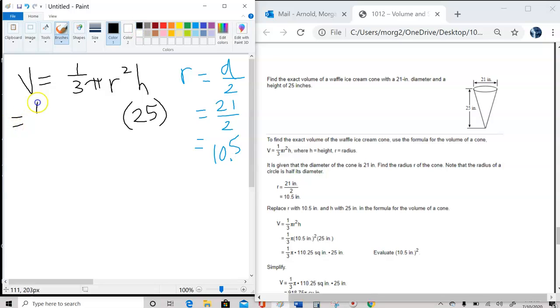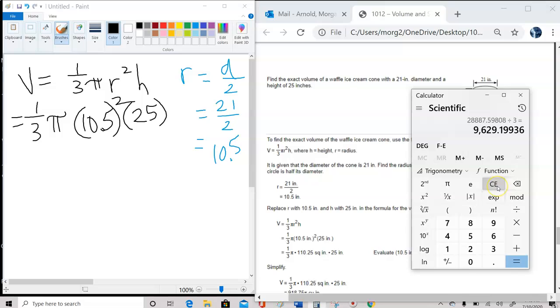So let's finish plugging in our values now that we have the radius. And I'm going to pull up my calculator and show you the steps. 10.5 squared times 25 times pi and divide all that by the given denominator, 3.